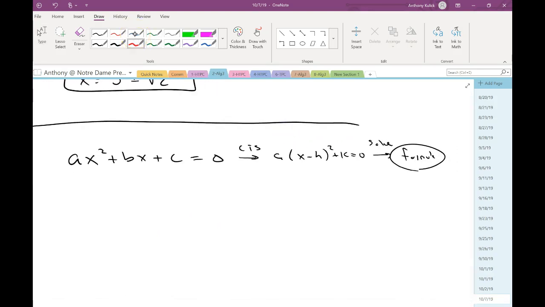So the first step to the completing the square process is I need to make the leading coefficient equal to 1. Right now my leading coefficient is equal to a. So what should I do to make this leading coefficient equal to 1? I'm going to divide both sides by a.